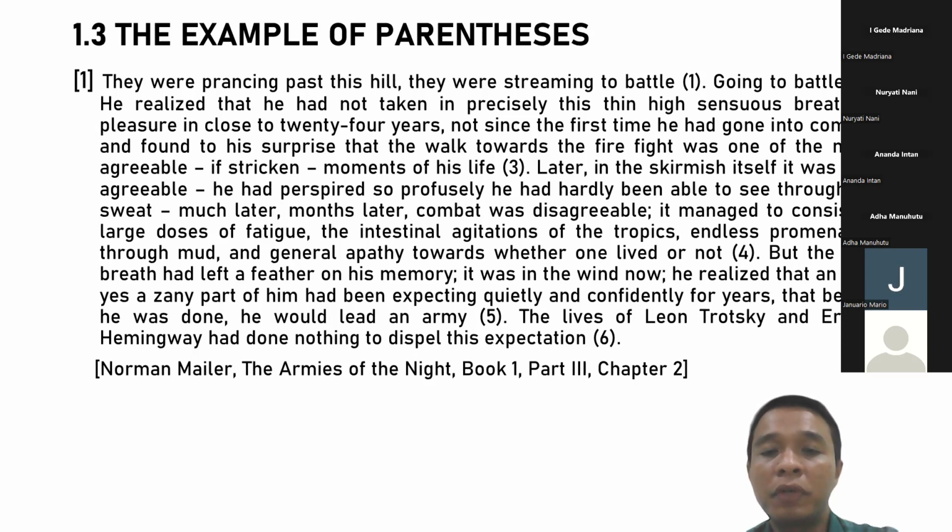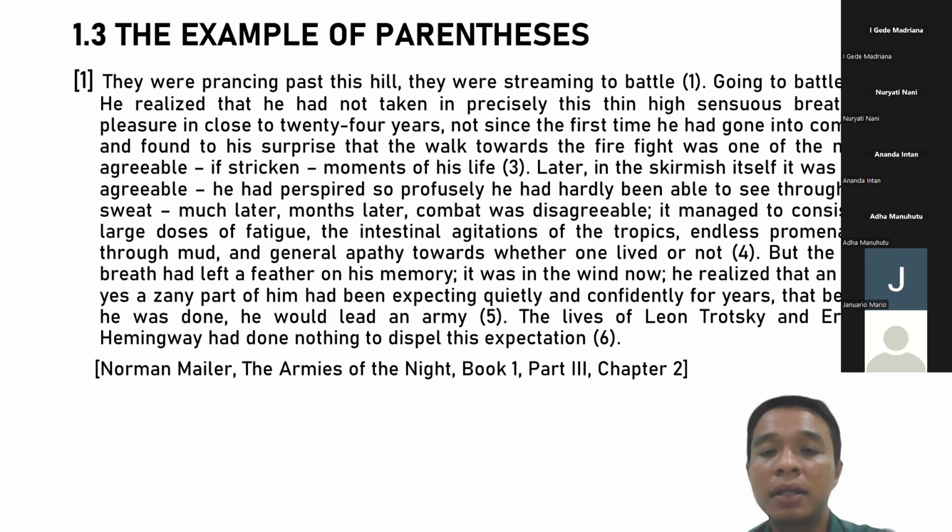Not since the first time he had gone into combat, and found to his surprise that the walk towards the firefight was one of the more agreeable, if stricken, moments of his life.